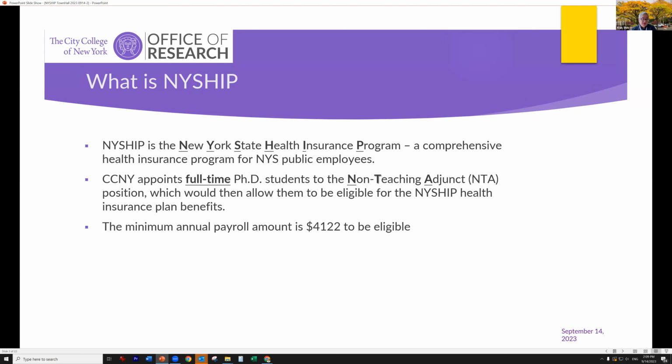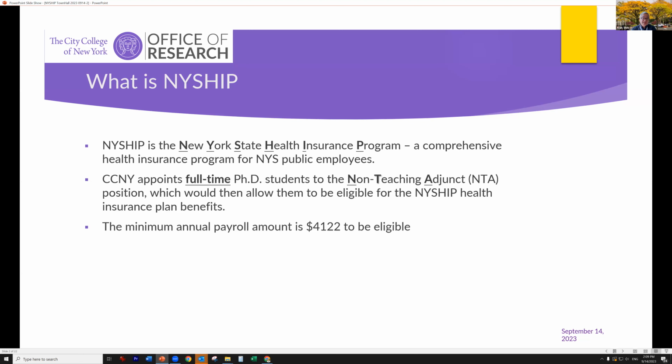To be eligible, however, the annual payroll amount under this NTA appointment needs to be more than 4122. That's the hourly rate times the number of hours needing to exceed 4122. Simply being appointed to the NTA position does not necessarily make them eligible.